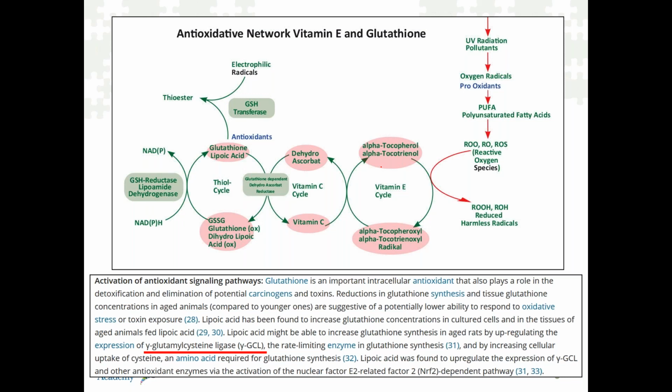And this is a whole other discussion that could be opened up: the interplay between different antioxidants, the interplay between glutathione, lipoic acid, vitamin C, and vitamin E. There's a relationship chemically between these different antioxidants, moving from their oxidized to the reduced state, so they are fully active and available to be involved in various chemical reactions for neutralization of oxidative stress.